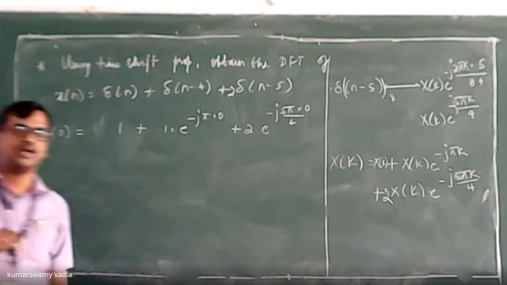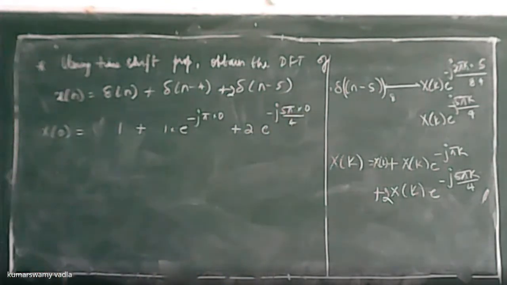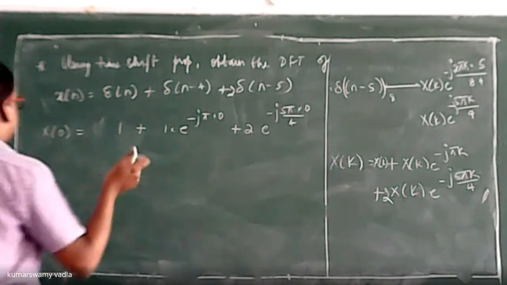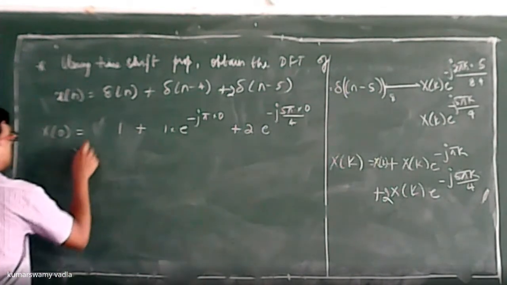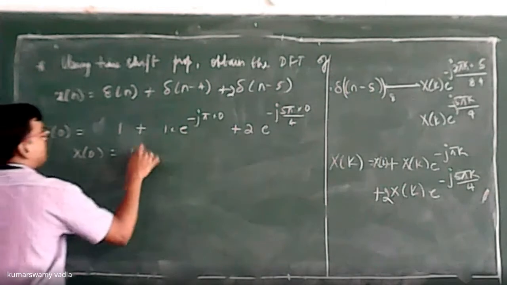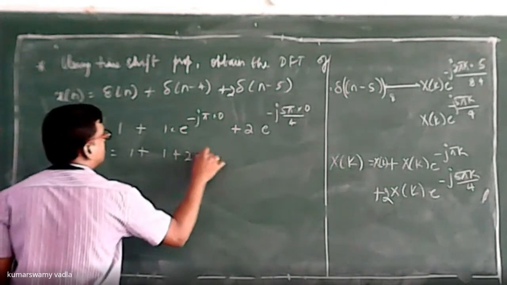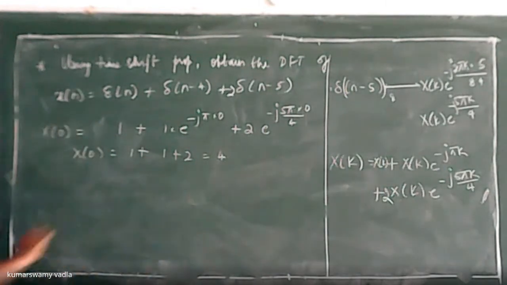Yes or no, students? So X of 0 is equal to 1 plus 2, which is nothing but 4. Is the point of discussion clear, friends?